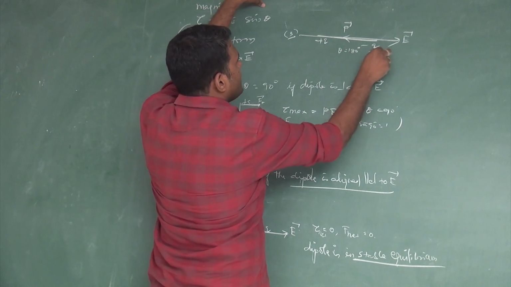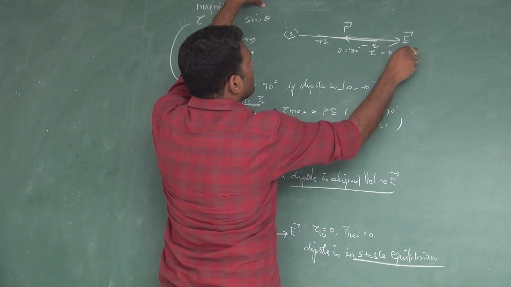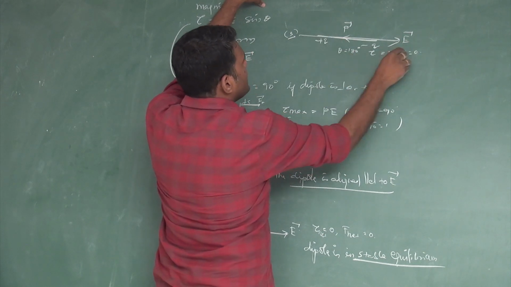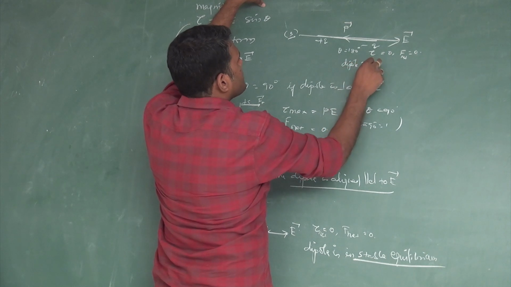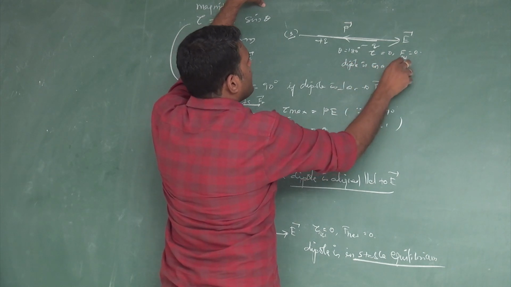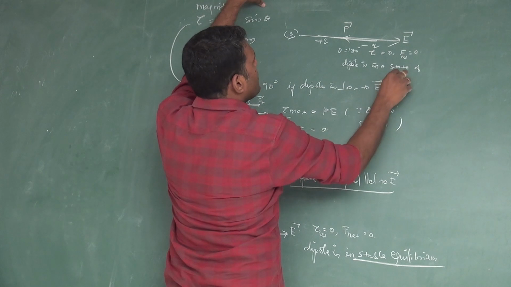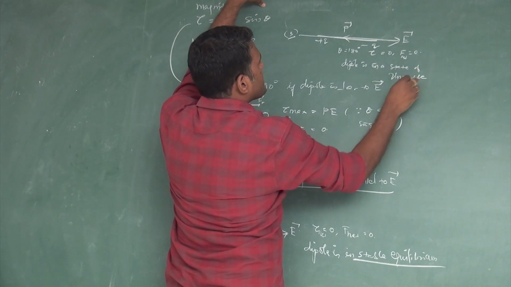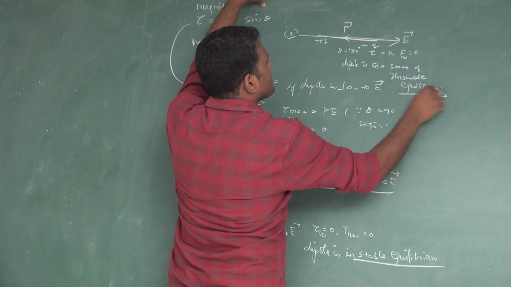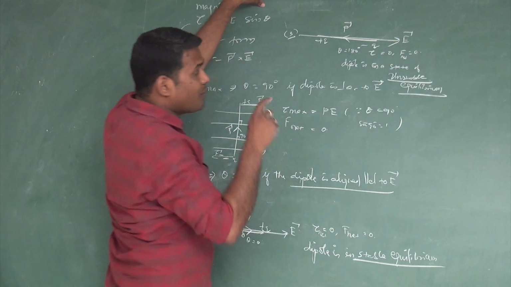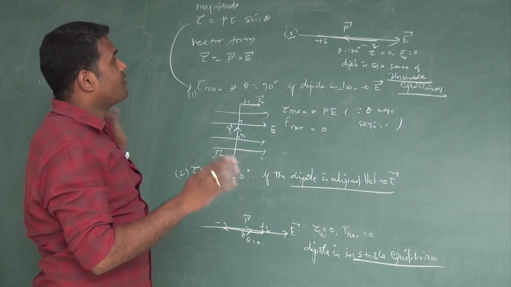We can say the net torque acting on the dipole is 0, net force is 0, but the dipole is in a state of unstable equilibrium. What will happen if you release it?